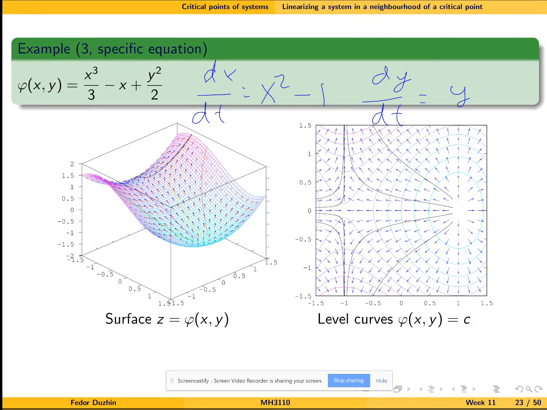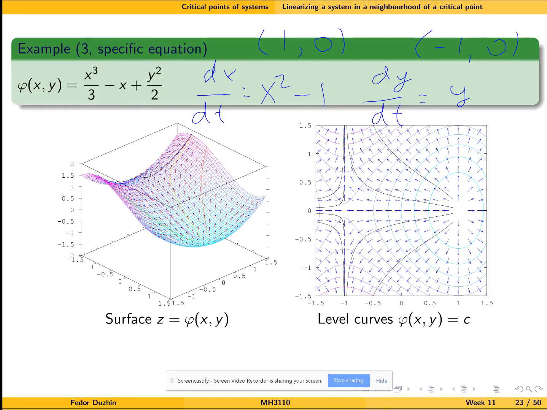And then when you find critical points, right? So if dx/dt is 0, then x squared minus 1 is 0. So x is plus minus 1. If dy/dt is 0, then y is just 0. So we have two critical points, (1, 0) and (-1, 0).